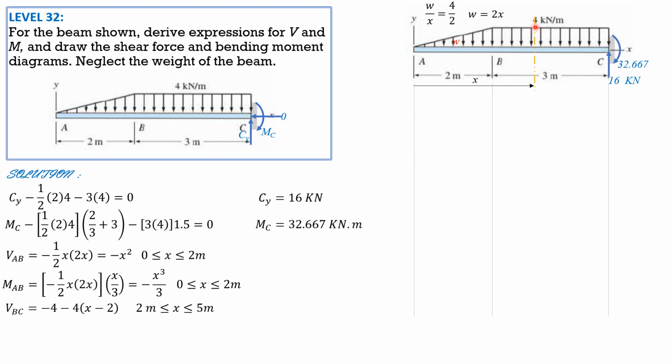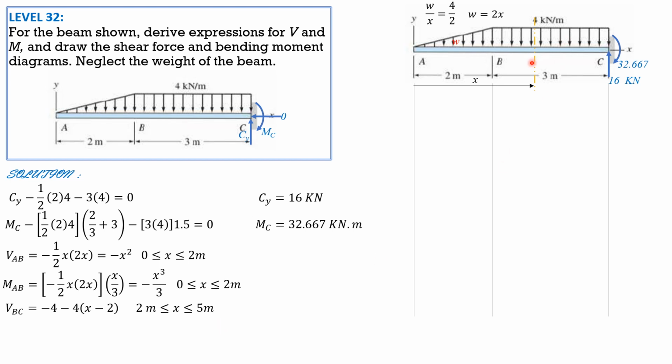Then the area of this rectangle, because it's going down, is minus 4 kilonewton per meter times the length, x minus 2. So this is applicable for 2 to 5.